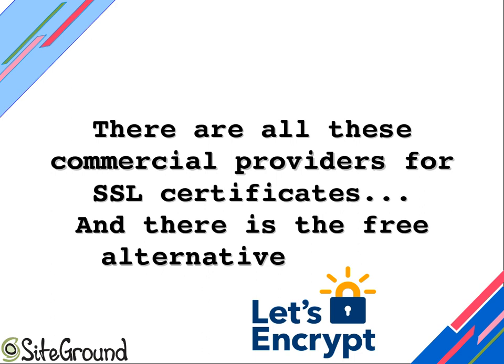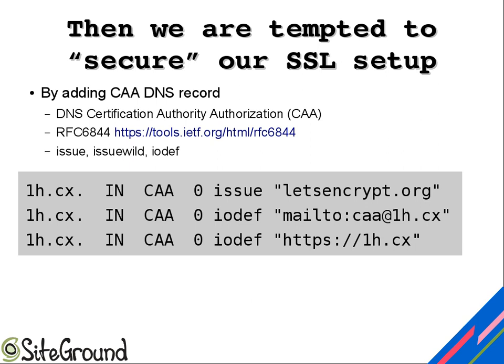The record is valid with its time to live, and you have issue and issuewild. What's the difference? With issue, you can say that this certificate authority can issue certificates for your domain, while issuewild gives you ability to limit this to the wildcard, but not the top-level domain.